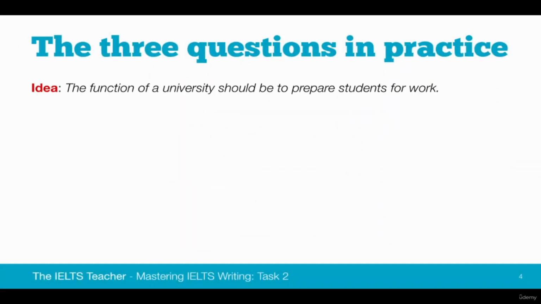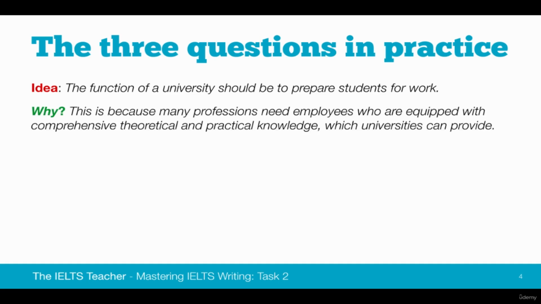So, we have an idea here. We found an idea, and the idea is that the function of a university should be to prepare students for work. Okay? So, first of all, why? Well, this is because many professions need employees who are equipped with comprehensive theoretical and practical knowledge, which universities can provide.